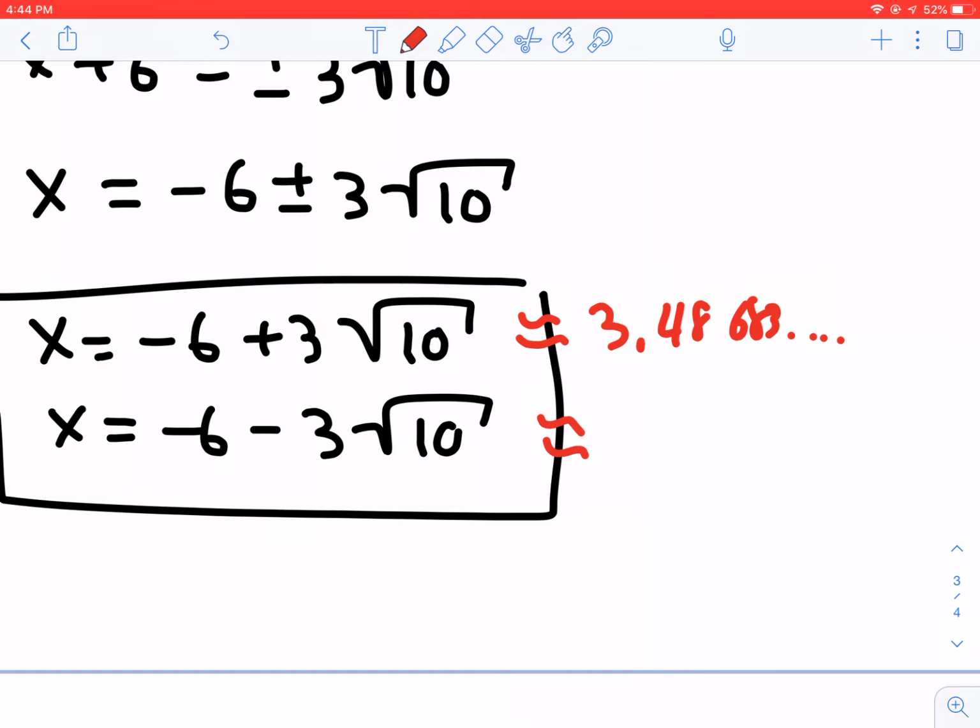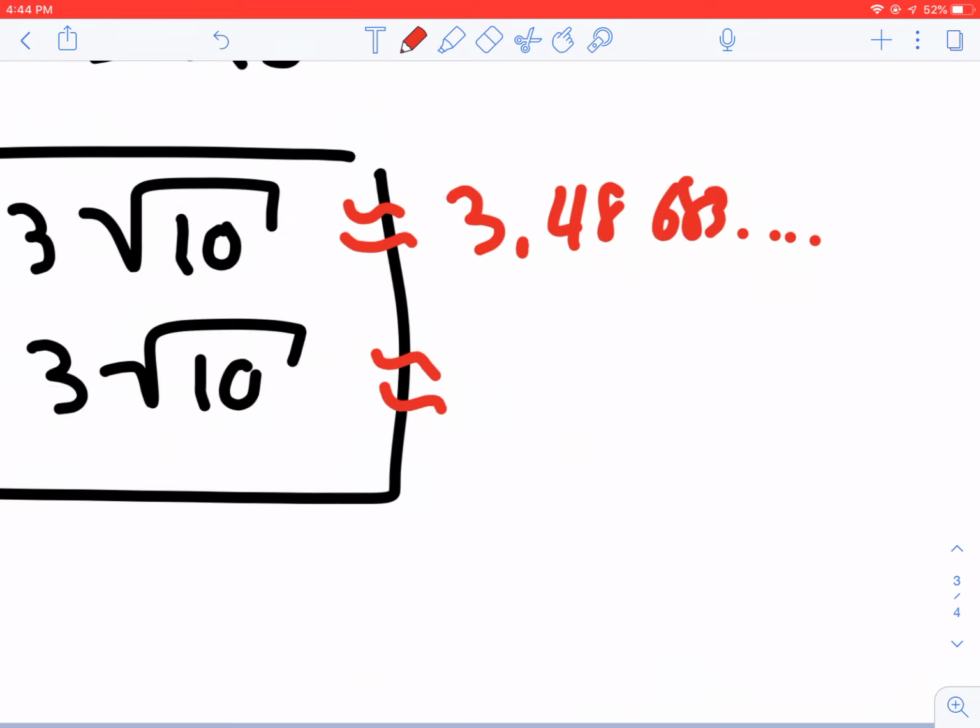And if you typed in negative 6 minus 3 square root of 10, you'd get negative 15.4868 something something something.